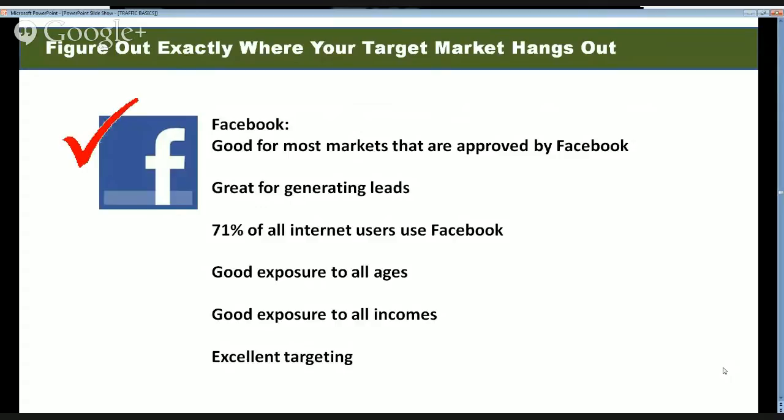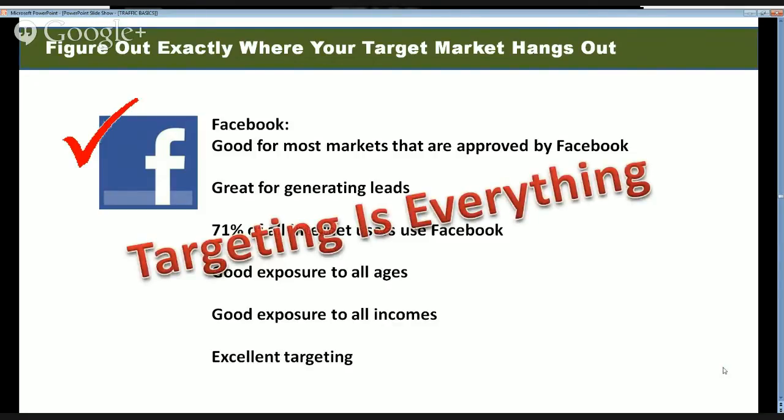Or you can look at single mothers, okay, who live in your zip code and are interested in peanut butter and jelly sandwiches. Okay, you literally can do that. So it lets you be very, very specific. And that means that you can filter out people and make sure that you get the people that are really interested in what you've got to sell.